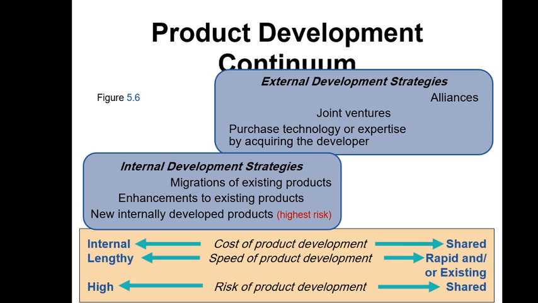They will share risk with you as a company. And also the speed will be faster, because if you take the experience of others, they will help you to develop new products faster. At the same time, you will not take the risk alone as a company. You are joining somebody else. That's why the risk will be shared.